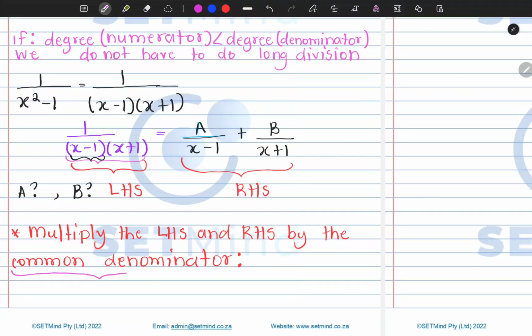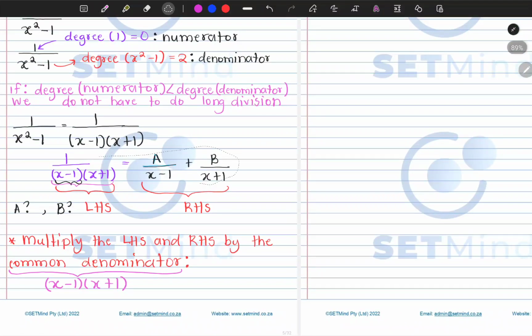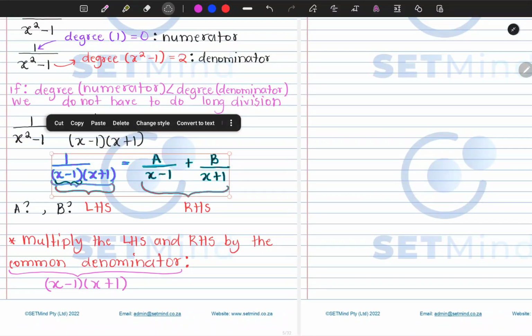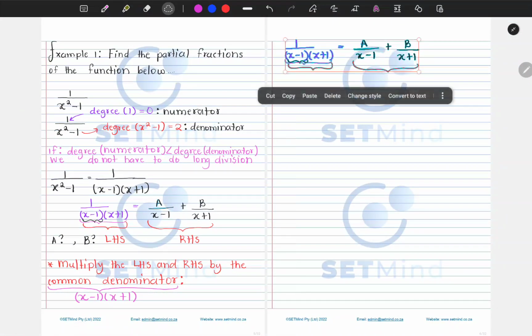So the common denominator for our problem will be x minus 1, x plus 1. So let's go to the next page and quickly multiply the right hand side and the left hand side with this common denominator, and we will see what we obtain.